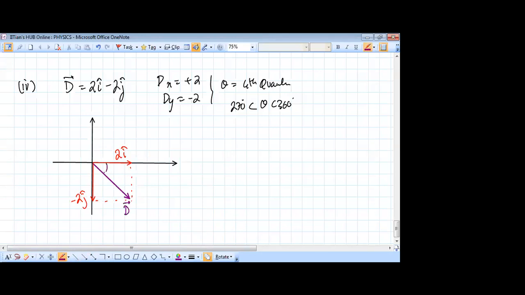So you can see that this angle is 45 degrees. So magnitude of d is 2 root 2 and theta we can write as 315 degrees or minus 45 degrees. Both are equally correct.